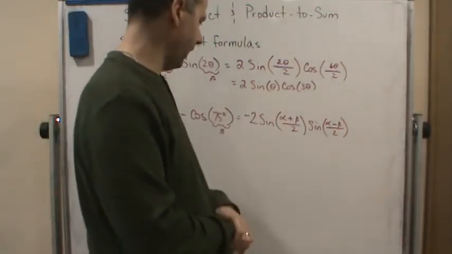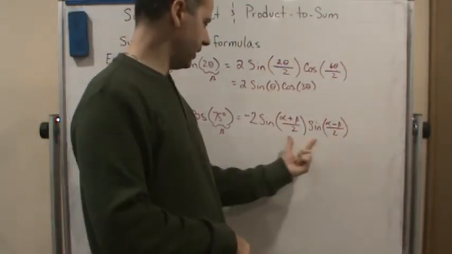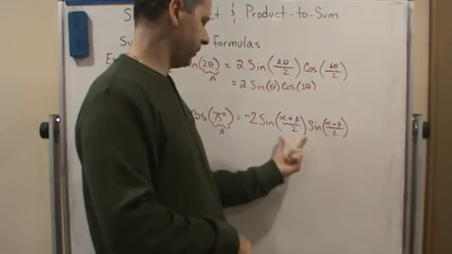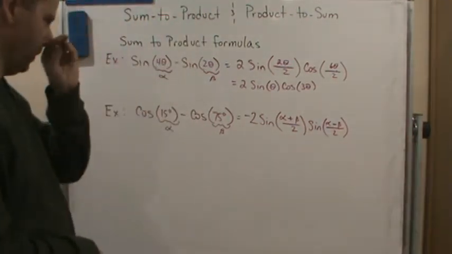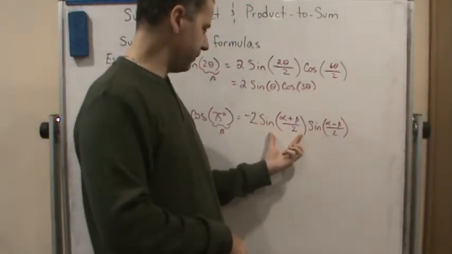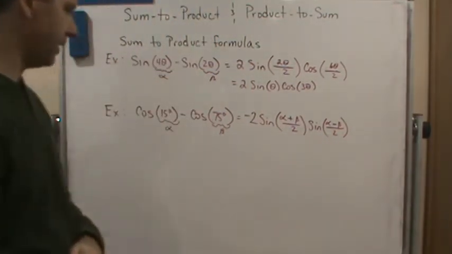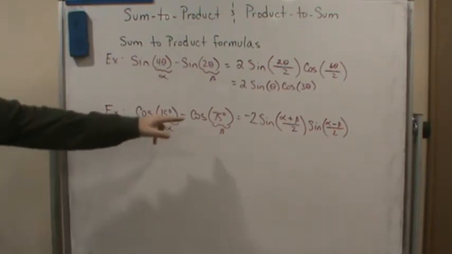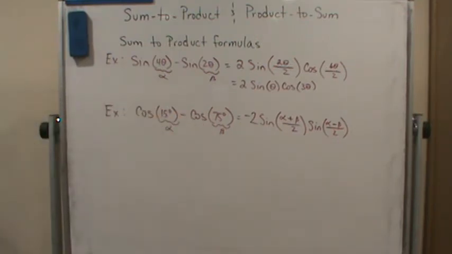I'm sorry, I don't know why I did that, because it doesn't really matter since this is multiplication. But anyway, it's going to be negative 2 times sine of this times sine of that. And so again, all we have to do is take the 15 degrees and the 75 degrees, and then just plug them in and simplify. So let's see what we get.